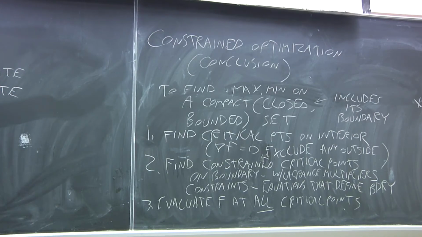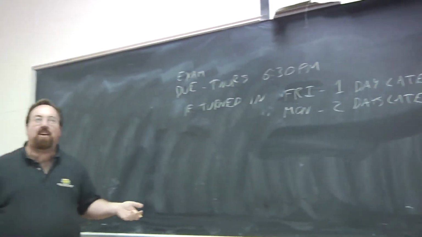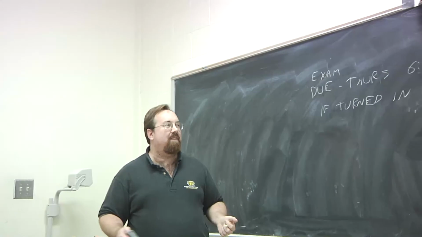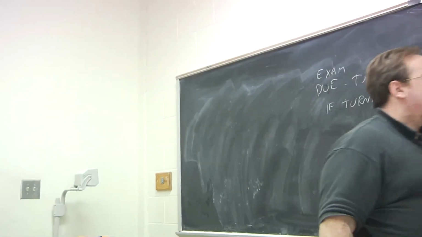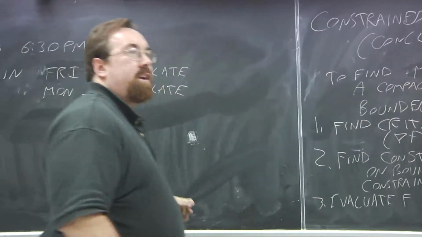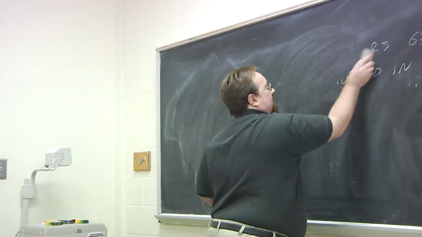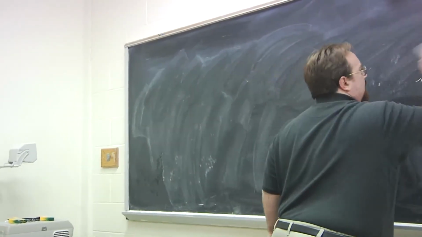So if, for example, you have a problem on the second exam where you have to find a max or min on a set like this, and you have to check a boundary, that's why you've got to remember to check the vertices. Okay.